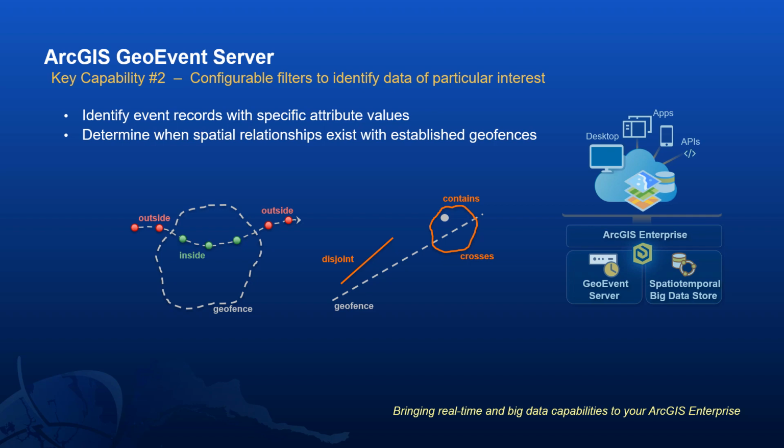This enables interesting use cases, such as receiving and processing a projected area of effect for changing weather conditions. You can use GeoEvent Server to perform real-time analysis and determine when required hazardous weather protocols need to be enacted.